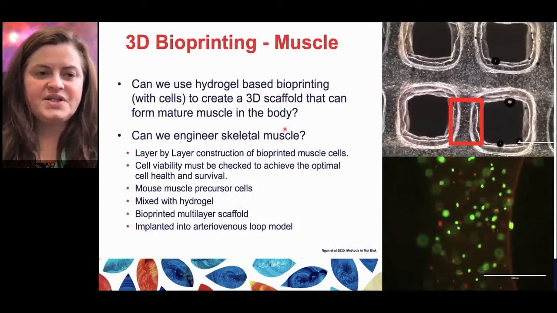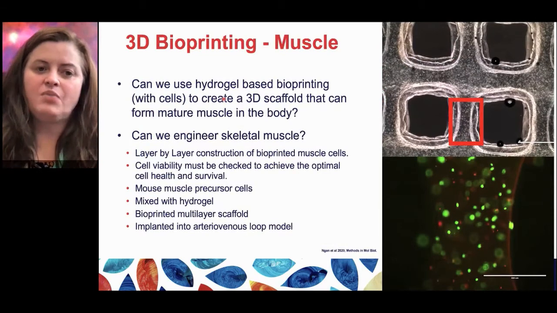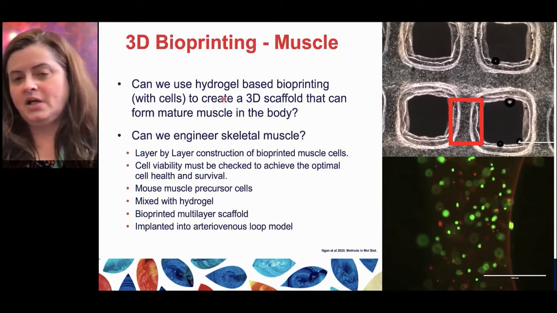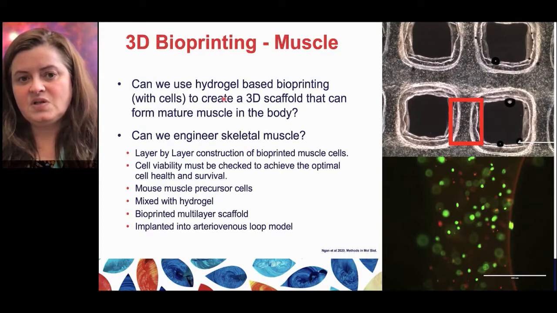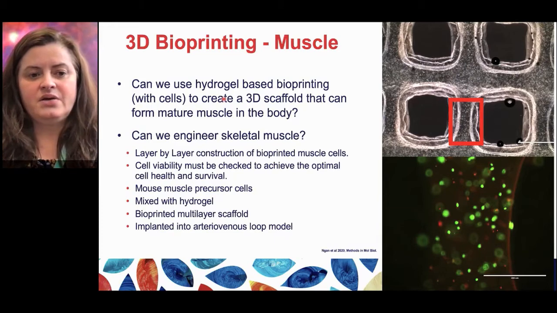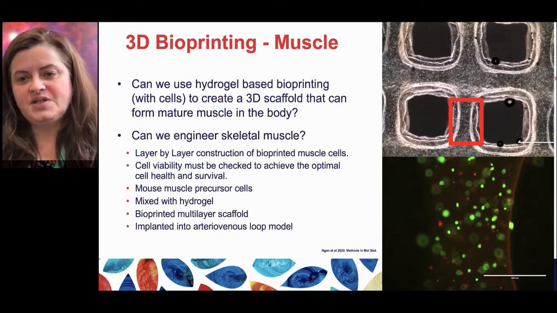One of the questions we ask is, can we use a hydrogel-based bioprinting method to create a 3D hydrogel scaffold that can be used to form mature muscle? Essentially what we did, this is just a picture of the 3D printed structure. You can actually see all of the cells in the 3D printed structure there.